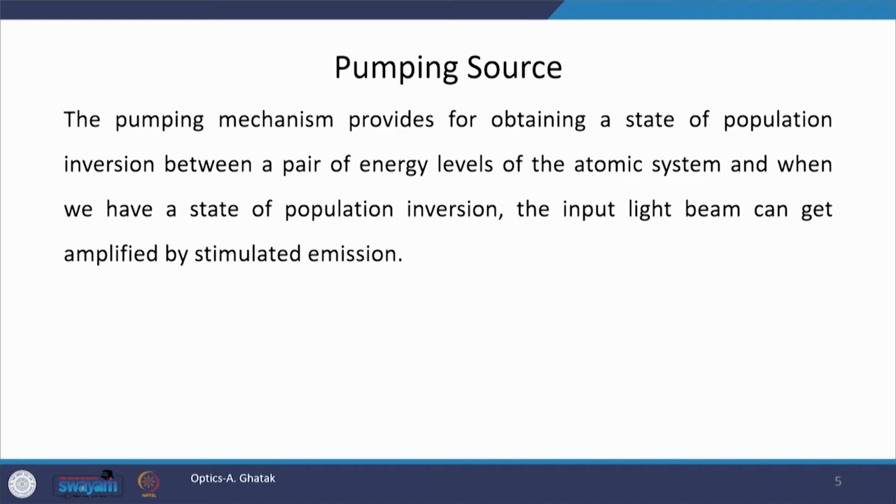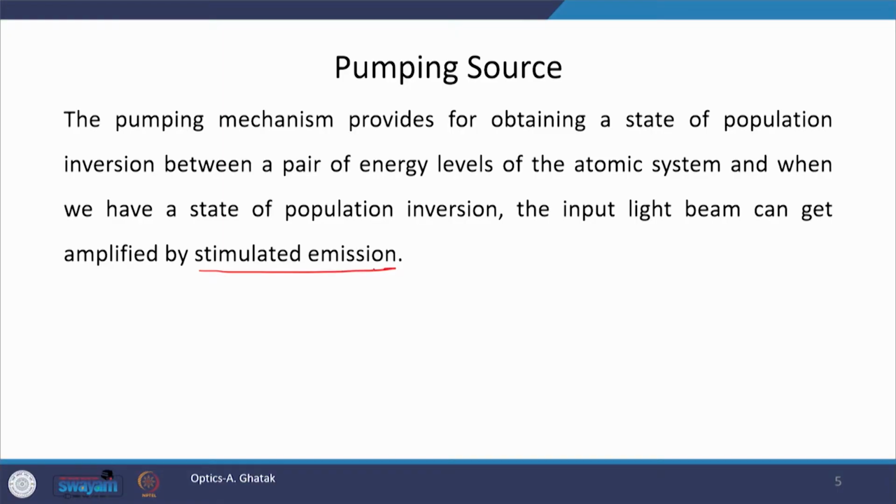If you remember, in the last class we studied three phenomena: stimulated emission, spontaneous emission and absorption. Absorption is sometimes called stimulated absorption because it always happens in the presence of some external field, some external photon. In a laser we require stimulated emission because out of stimulated emission we get coherent output.